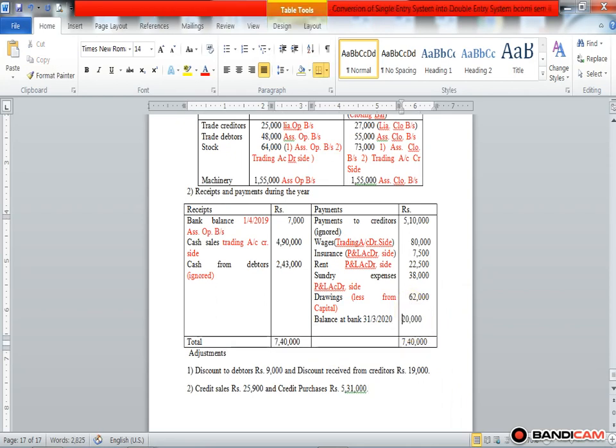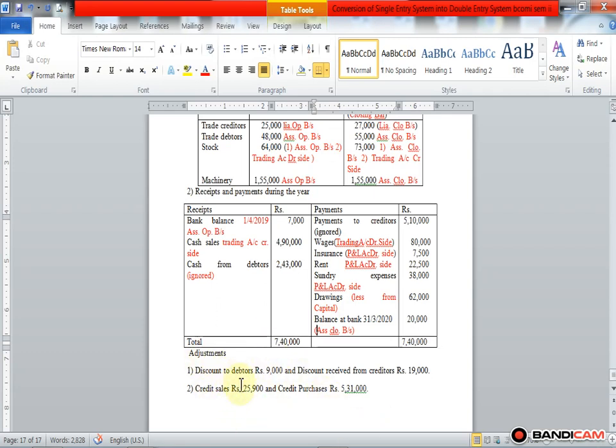Closing cash or bank balance is our asset, and it is transferred to the asset side of the closing balance sheet. Got it? Yes sir. Amounted to rupees 20,000.